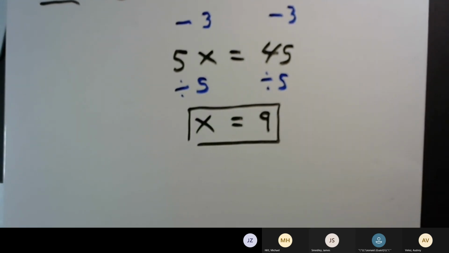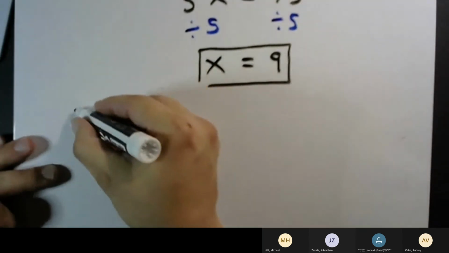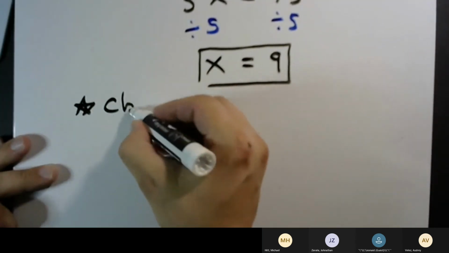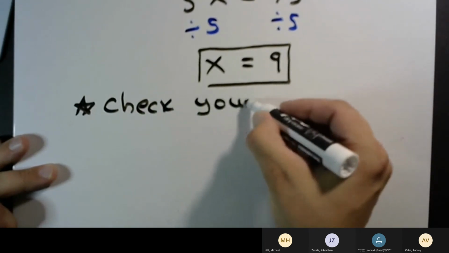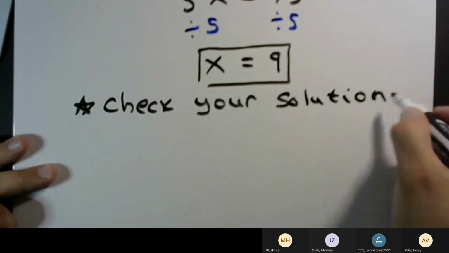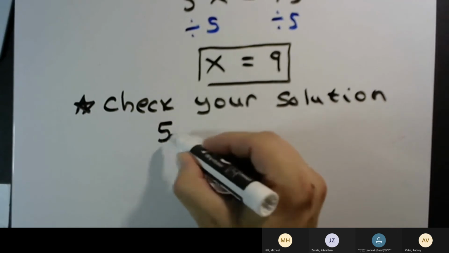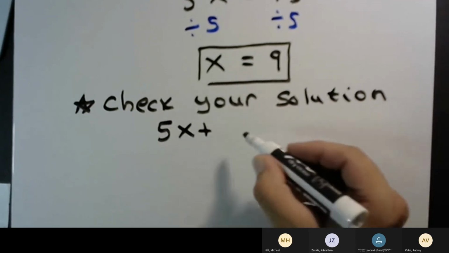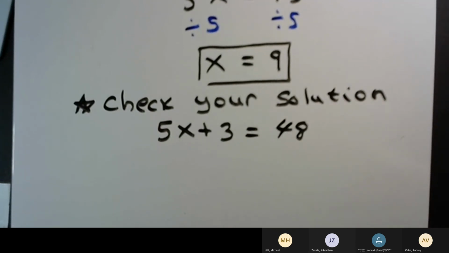Now, one thing you can do with algebra, if you're not sure if you got the right answer, especially if you're checking even problems, you can check your solution. And so the way you can do this, our equation says 5 times x plus 3 equals 48.